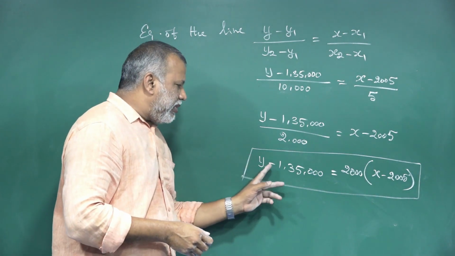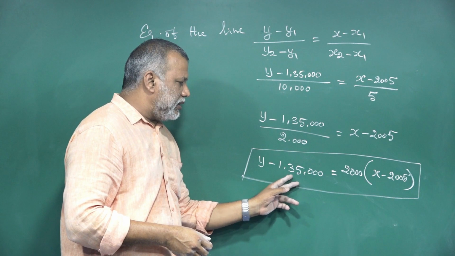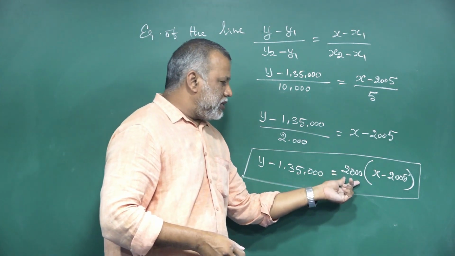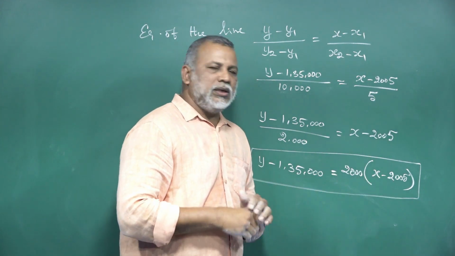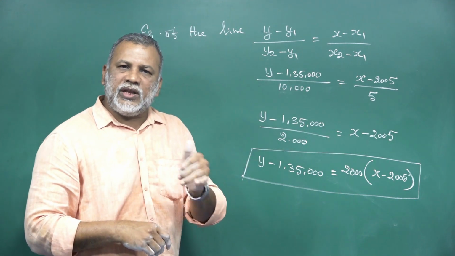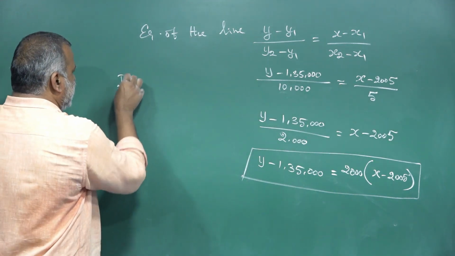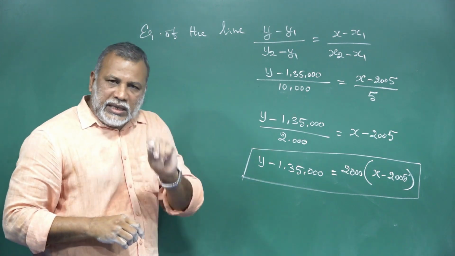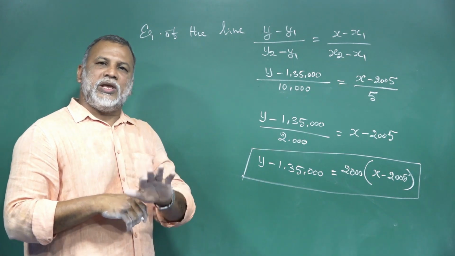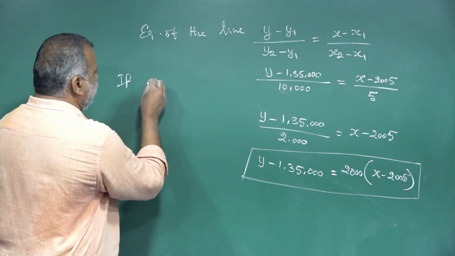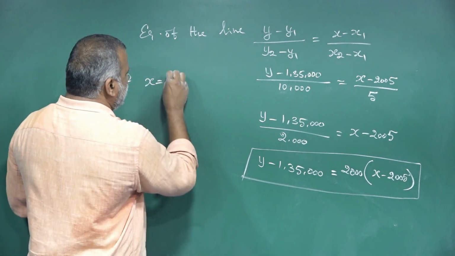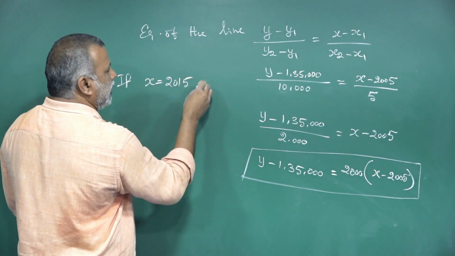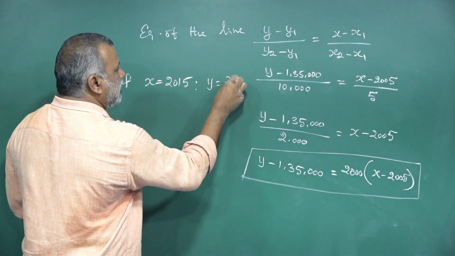So here, y minus 1,35,000 is equal to 2000 of x minus 2005. Already we fixed year as x, population as y. Therefore, if x equals 2015, then y equals question mark.